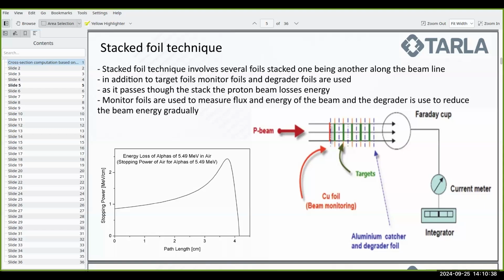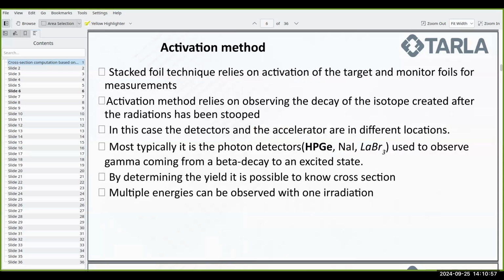However, since you don't know a priori how much energy you're actually losing in the degrader, you also have to have a monitoring foil, which will tell you how much energy you're actually losing at each step. In this way, in this setup, you get a convenient way of measuring cross-section in this charged particle case.